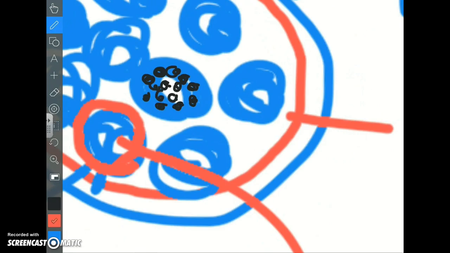And surrounding each individual fiber is the endomysium. So that's going superficial to deep, and we're still not quite done yet.